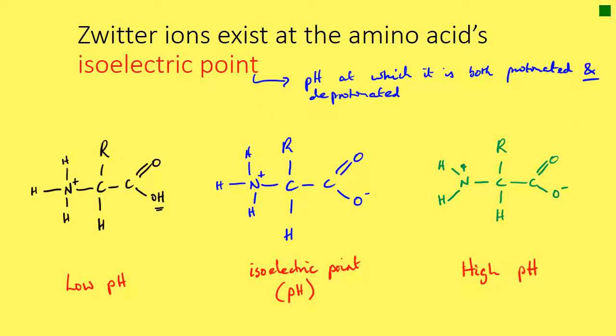So here's another interesting concept about zwitterions, and that is that they exist at the amino acid's isoelectric point. So let's just define that for us. The isoelectric point is the pH at which the amino acid is both protonated and deprotonated.